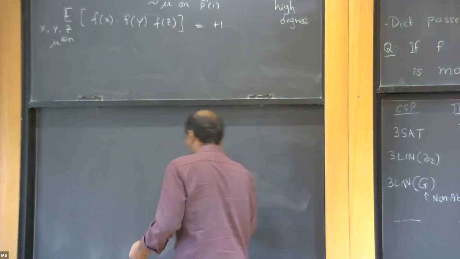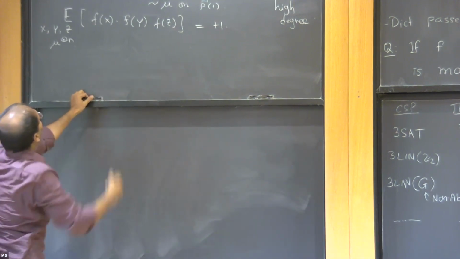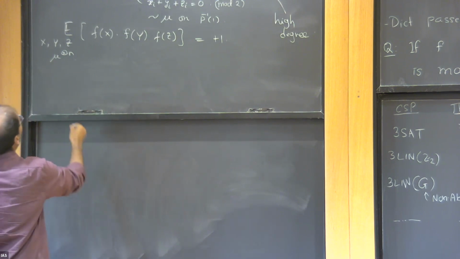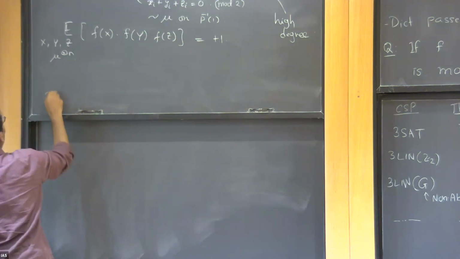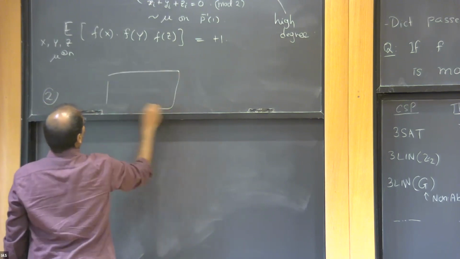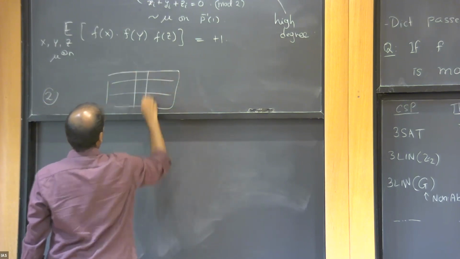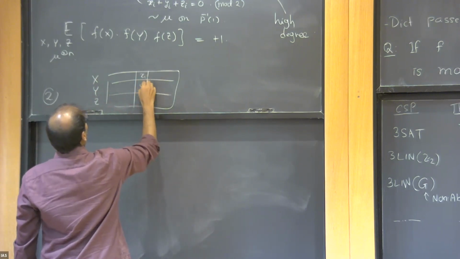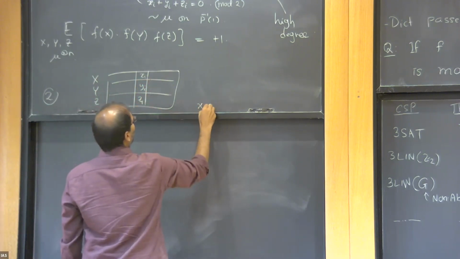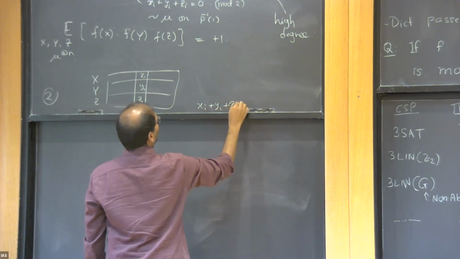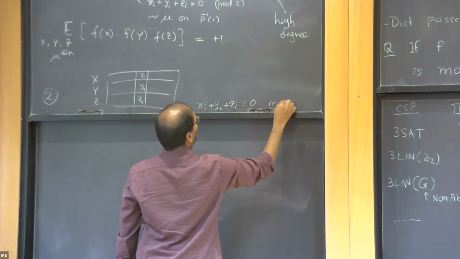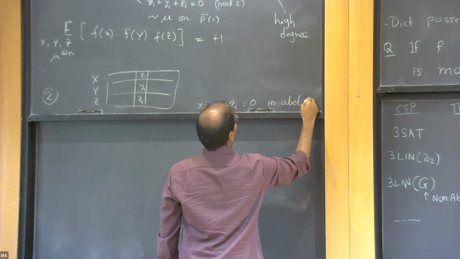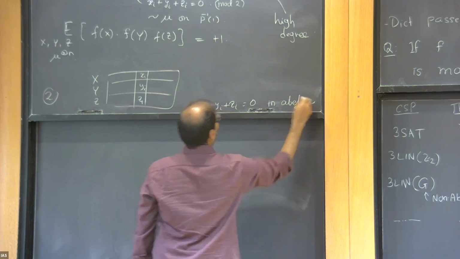Now you would agree that the same trick will also work over not Z2 but any abelian group. So that's example 1, and here is example 2. Let's say it's a 3-LIN, though that doesn't really matter as such. It's X, Y, Z such that xi, yi, zi sum to 0, but in some abelian group. I could do the same thing.